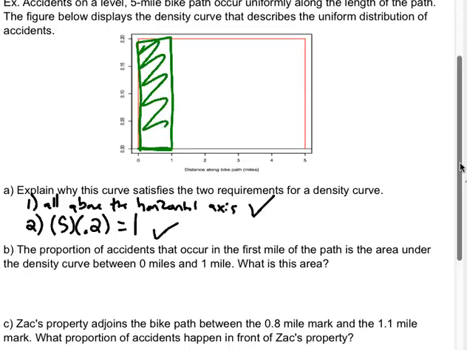Okay, so we're going to need the area of that chunk. What proportion of accidents happen in that first mile? Well, the length is 1, width is 0.2, so 20% of accidents happen within that first mile.